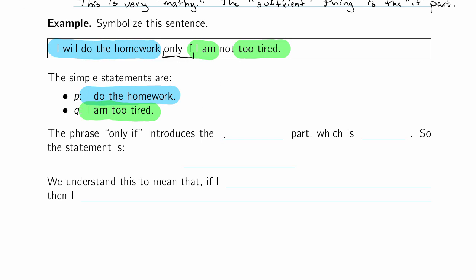And we remember that only if always introduces the then part. So our then part, I am not too tired, that's not Q. So our statement is, if P, then not Q. Not Q is our then part. So we understand this to mean, if I actually do the homework, that means that I must not have been too tired.